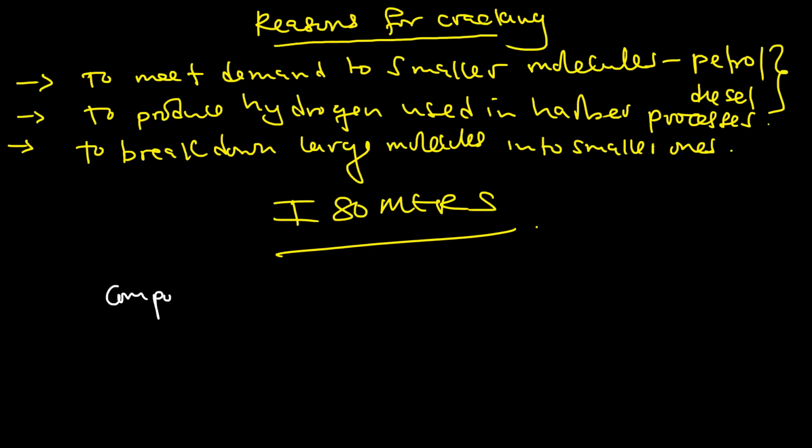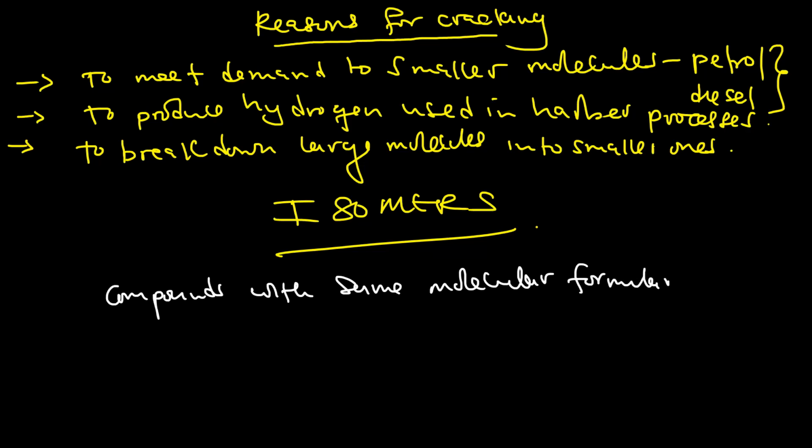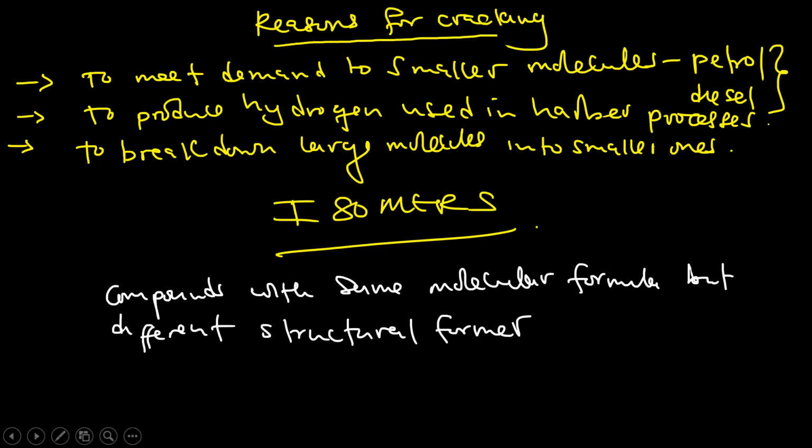We can say compounds with the same molecular formula but different structure, or structural formula. So this is what we call an isomer. And of course, they are formed by isomerism. So isomers are compounds which have the same molecular formula but different structural formulas, okay?